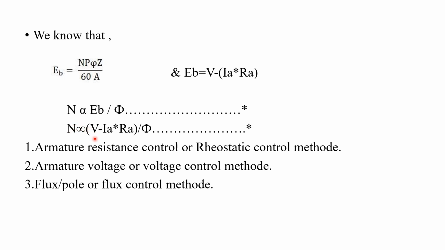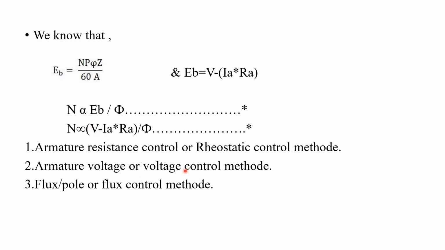So speed is directly proportional to the applied voltage. But due to the limitation of increasing the applied voltage beyond a particular value, normally this method is used to reduce the speed of the motor by reducing the applied voltage.